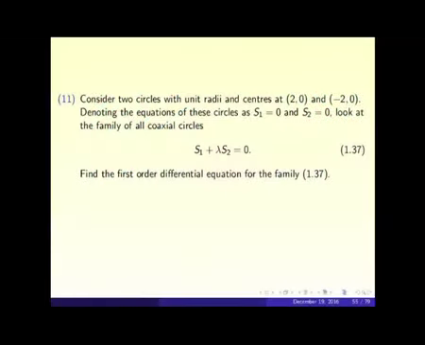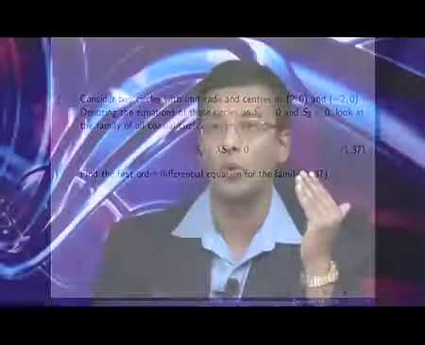You can easily write down the equation of these circles, right? What is the equation of one of the circles? (x - 2)^2 + y^2 = 1. For the other one, (x + 2)^2 + y^2 = 1.